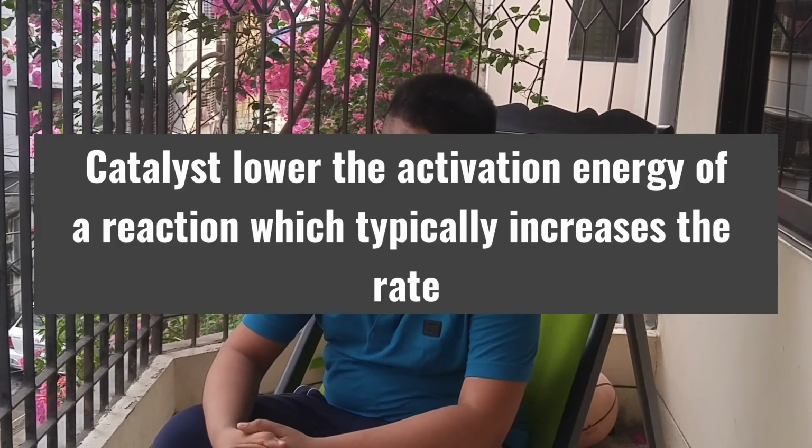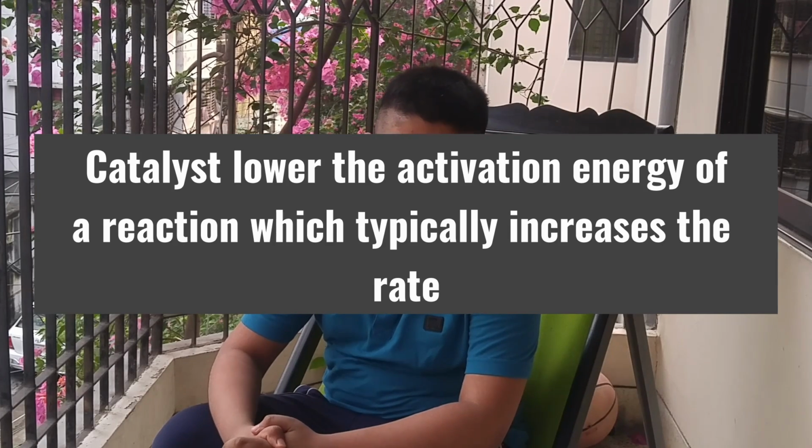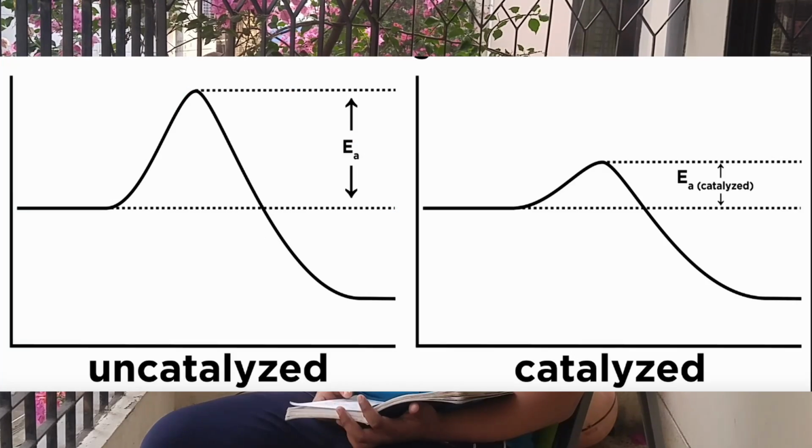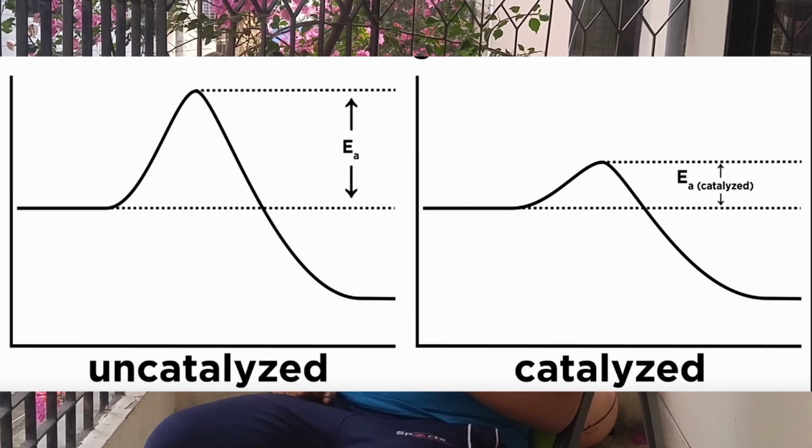Now, some people say catalysts increase the rate of reaction. Now, this is often true. The correct definition is the catalyst lowers the activation energy of a reaction. Let's look at this diagram here. As you can see here, a catalyzed reaction in the energy diagram has less activation energy, so there will be more success for the reactants to react with each other and turn into products.